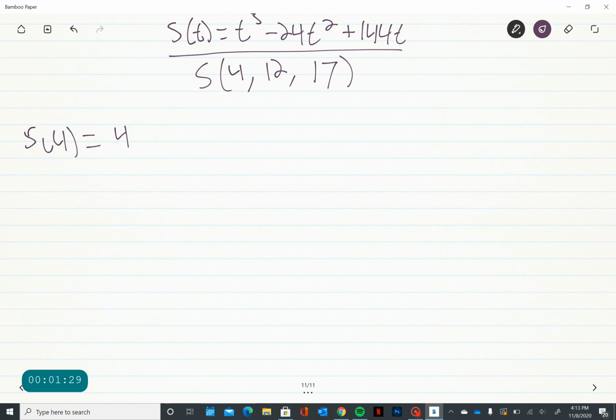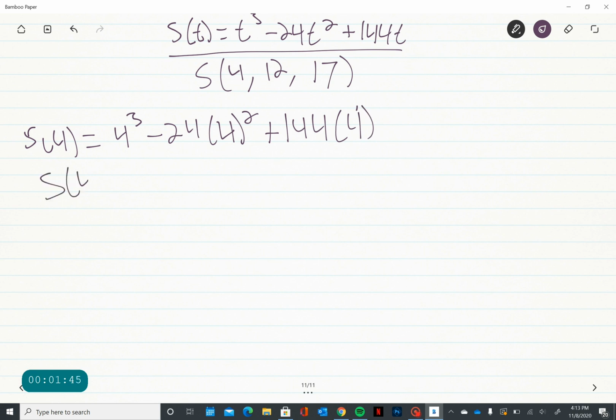And plug it in. And for 4, if we plug everything into our calculator, we get 256.